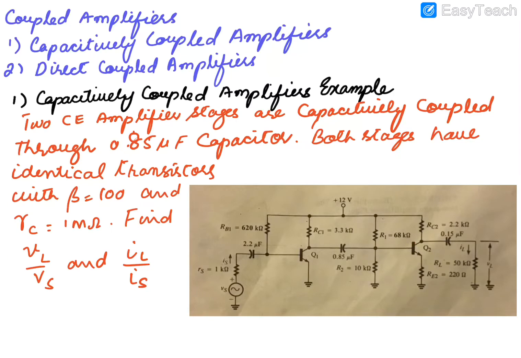Both are common emitter amplifiers. So they are connected through a 0.85 microfarad capacitor. Both have identical transistors with beta equal to 100 and rc equal to 1 megaohm. We have to find VL over VS, the overall voltage gain, as well as the overall current gain in this example.